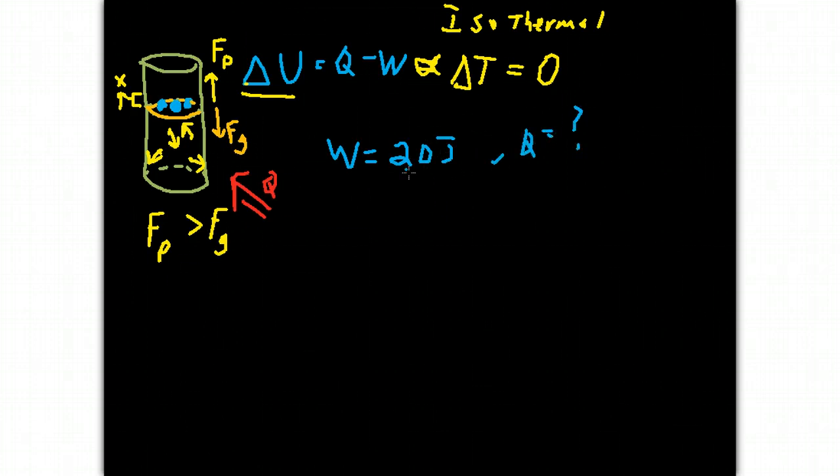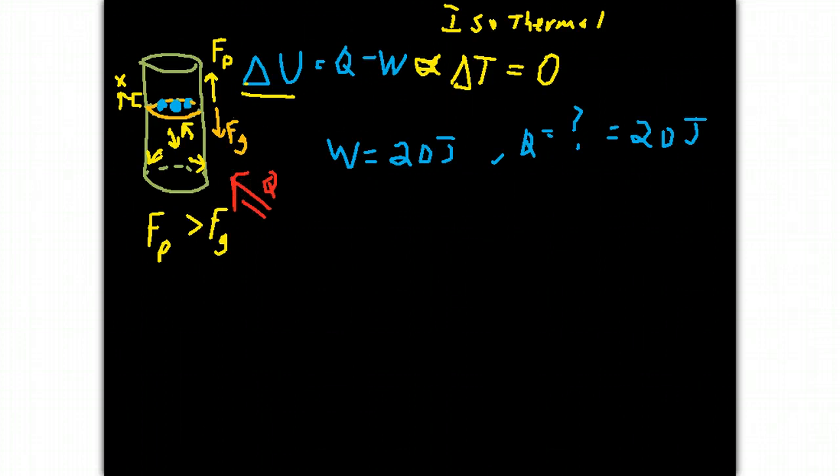How much heat do we have to add? And the answer to this should be pretty obvious: 20 joules. If we're going to do 20 joules of work, to not lose any internal energy, to not have a temperature change, we have to add in the same amount of energy that we're giving to something else. So these particles are giving 20 joules to this platform and these masses. So they need 20 joules of heat added in to compensate them.